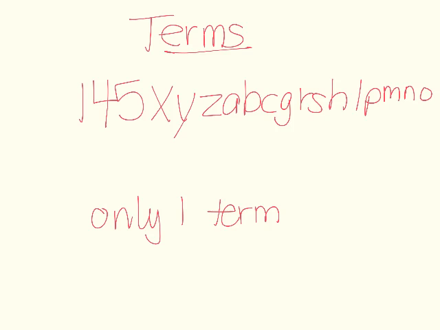So if I were to take all that and then say plus 1, now I would have two terms because I'm adding something. If I were to say minus 3x, now I would have 3 terms. So terms are separated by addition and subtraction, but one single term can be a string of multiplying numbers together.